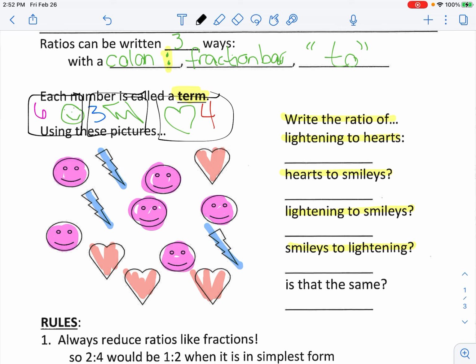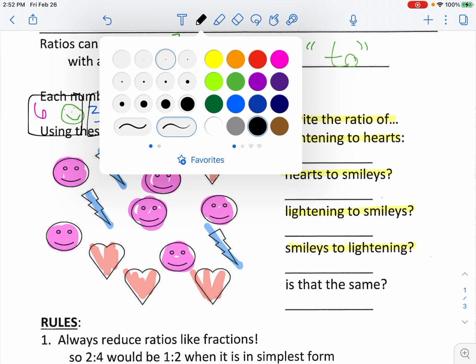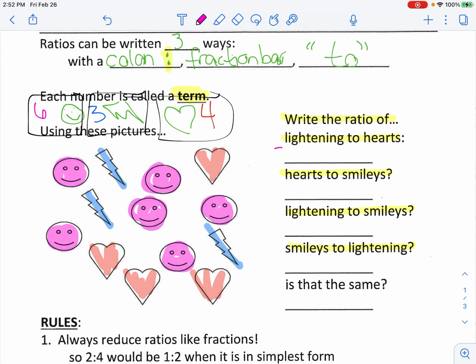All right, so it is time to write our ratios. So we're going to write the ratio in 3 different ways. Lightning to hearts. If the word lightning comes first, the number of lightning has to come first in the ratio. So lightning is 3, and I can use a colon.